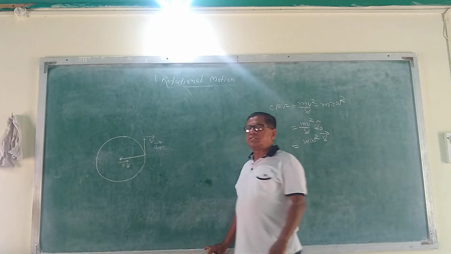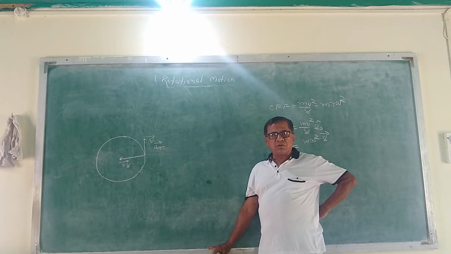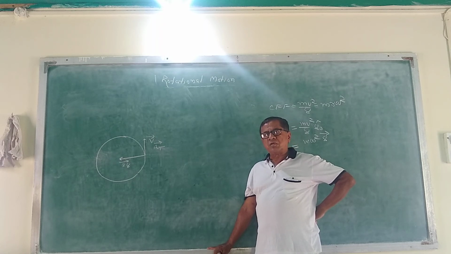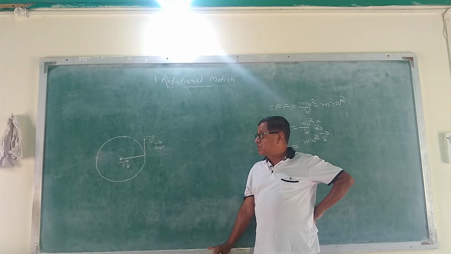If there is the tangential acceleration, then the magnitude of the velocity goes on changing, that is, it does not remain the uniform circular motion. In the uniform circular motion, the AT bar is equal to 0, but in the case of the non-uniform circular motion, it has the AR bar and AT bar, that is the velocity is along the tangent, acceleration is along the tangent, and acceleration is along the radius and toward the center.